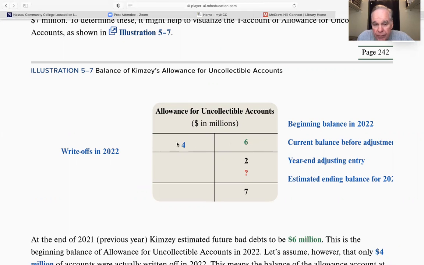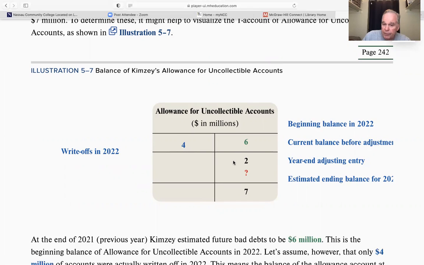The debit side of this account represents people like Bruce that we wrote off, remember? So when you look at this allowance for uncollectible accounts, the credit side is the estimate. The debit side is the actual. These are the accounts that actually were written off. This was our estimate.